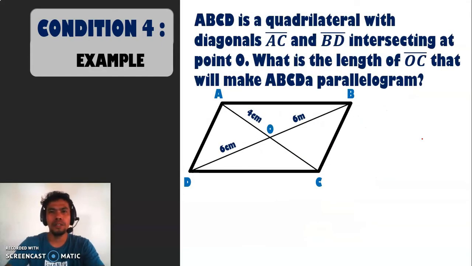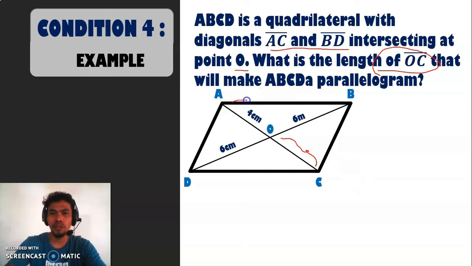For example, we have here ABCD is a quadrilateral with diagonals AC and BD intersecting at point O. What is the length of OC that will make ABCD a parallelogram? So here is the figure. The unknown is the length of segment OC, and it is congruent to what segment?